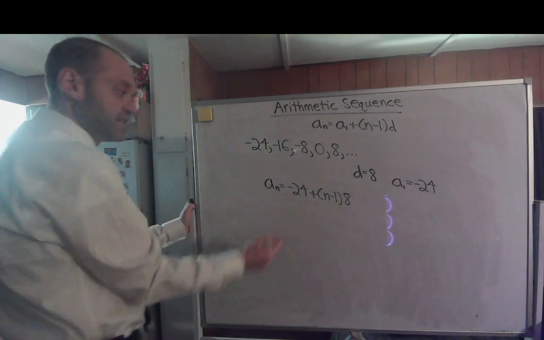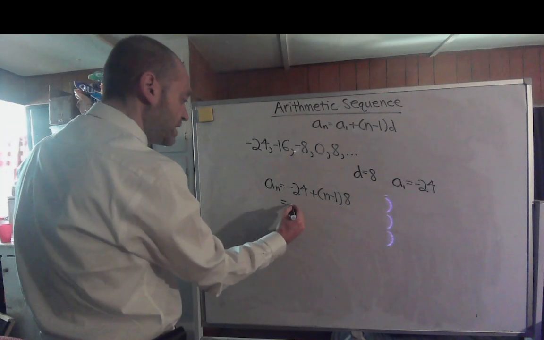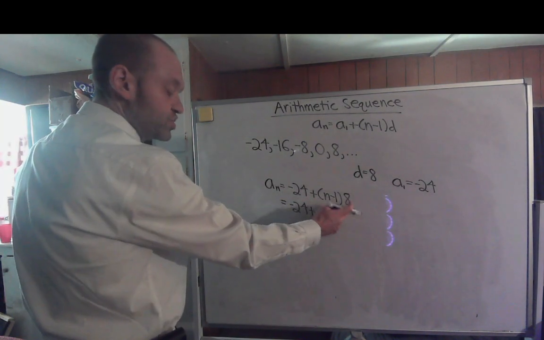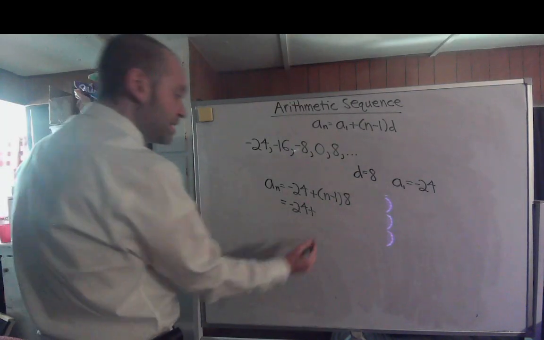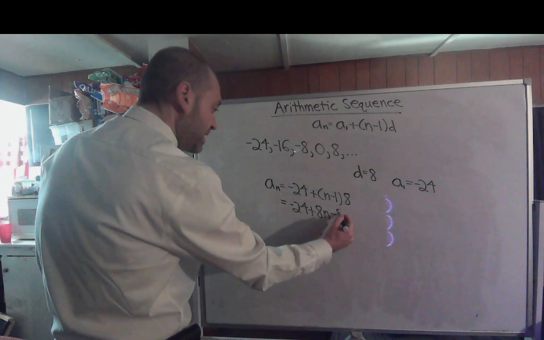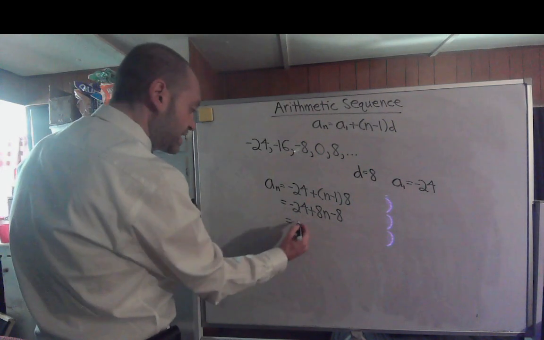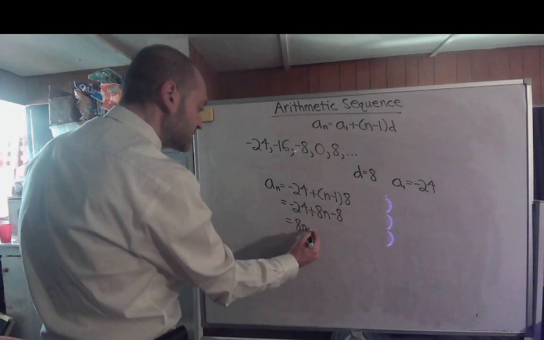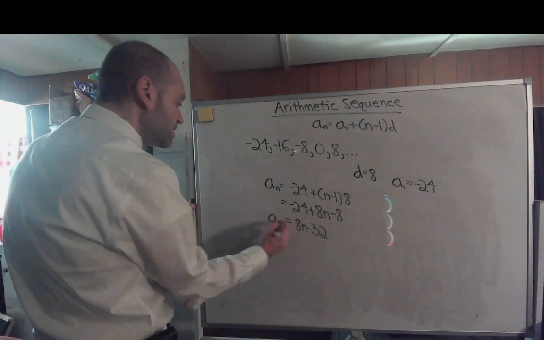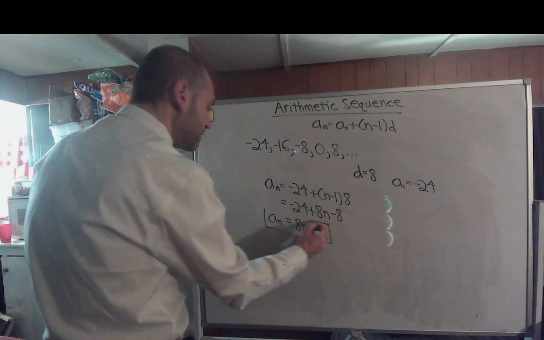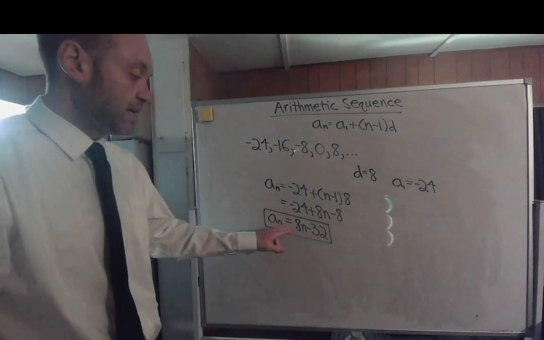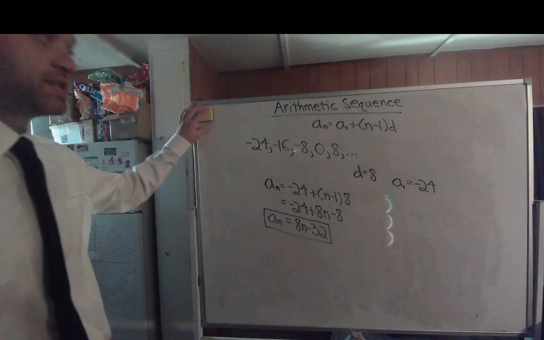And now we just need to simplify this. So we'll have negative 24 plus, distributing that 8 into the n minus 1, plus 8n minus 8, which would simplify into 8n minus 32. So the explicit formula for the nth term of this sequence is going to be a sub n equals 8n minus 32.